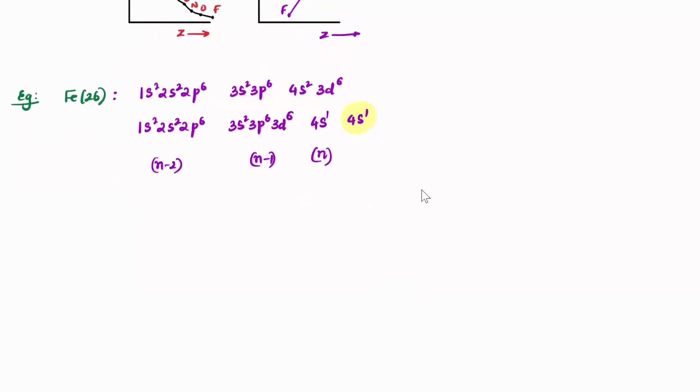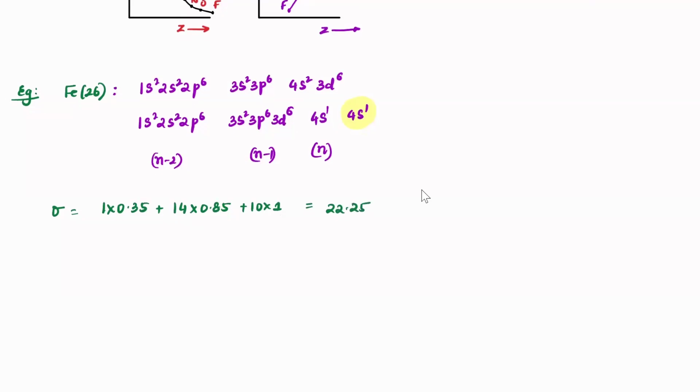Okay. So now notice how do we calculate the sigma value? Sigma will be equal to 1 electron, which is 0.25, plus there are total of 14 electrons contributing 0.85, plus 10 into 1 electron, which is 10. That is the value which you will get. So that is coming out to be around 22.25. Okay.